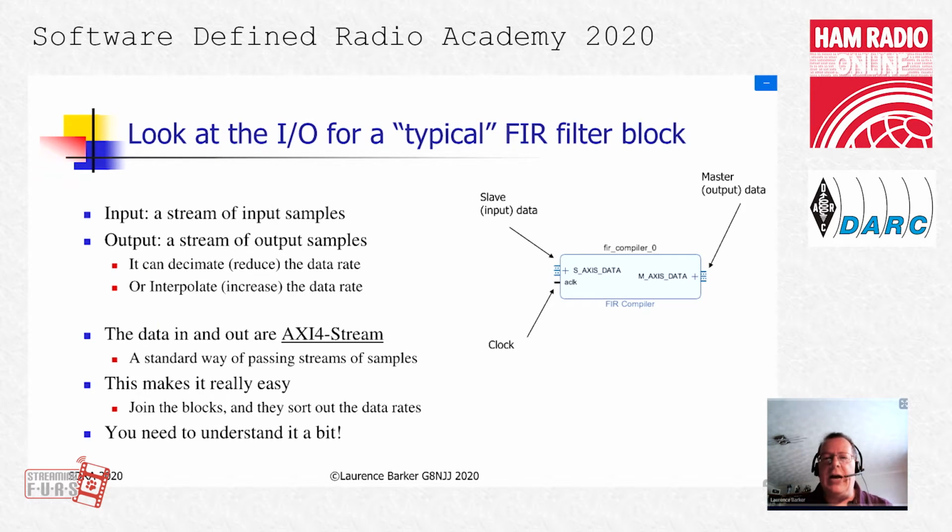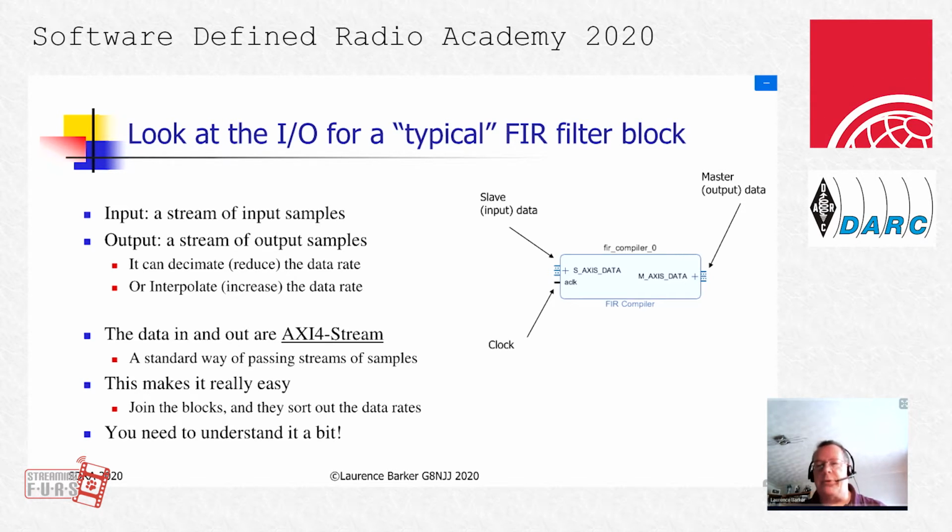Let's look at the I/O signals, because it's worth having a look at these; we will need to understand them. I've got the FIR filter here, and it's got three things on it. It's got a clock, a stream of input samples, and a stream of output samples. The output sample rate can be the same as the input, or it can decimate, which reduces the sample rate, or it can interpolate, which increases the sample rate.